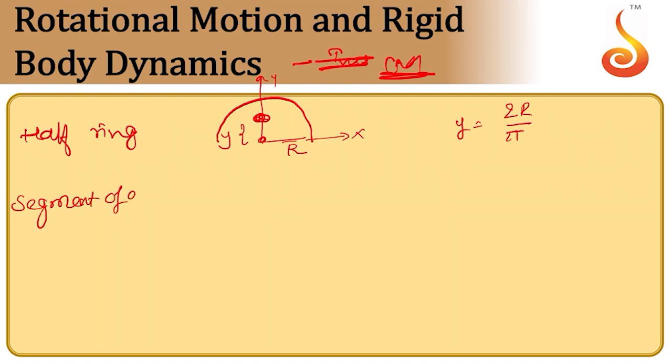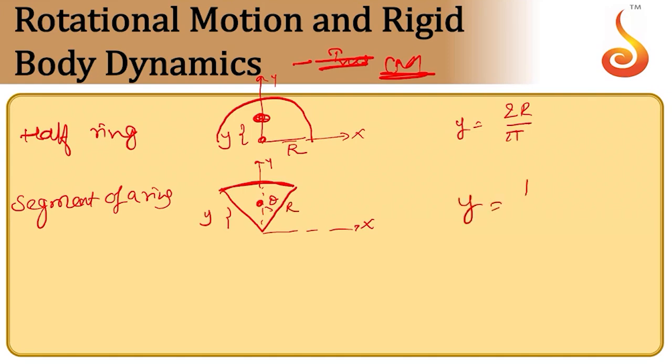Segment of a ring, something like this, a symmetric segment. This is again x-axis, this is y-axis, and this angle is theta, and this is at a height y, say, then radius is of course r, then the center of mass is located at a height r sin theta divided by theta.